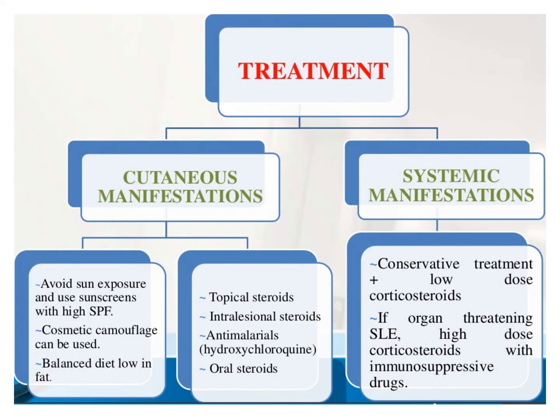Because lupus will manifest on the skin surface, a lot of conventional treatment is centered around the cosmetic reparations, if you will, like avoiding the sun, covering up the rashes and things that you see.